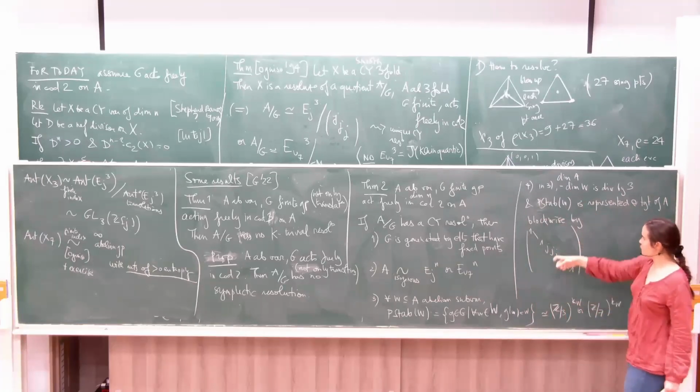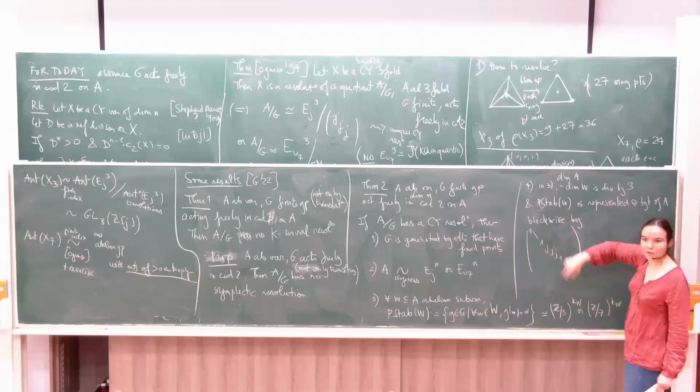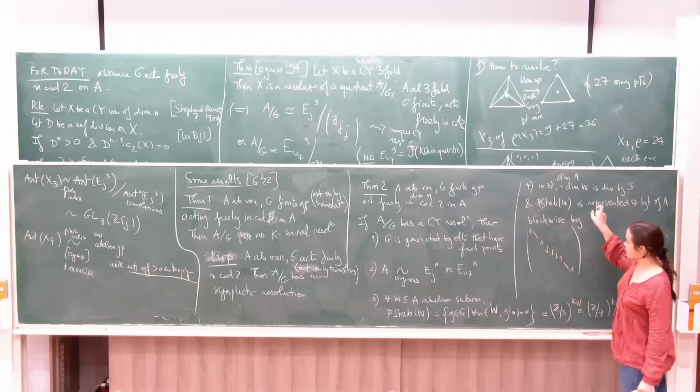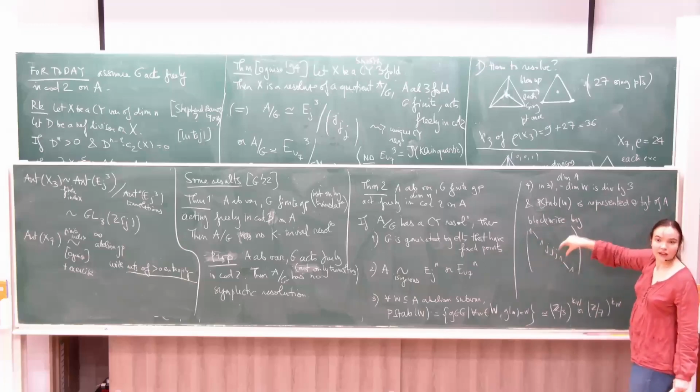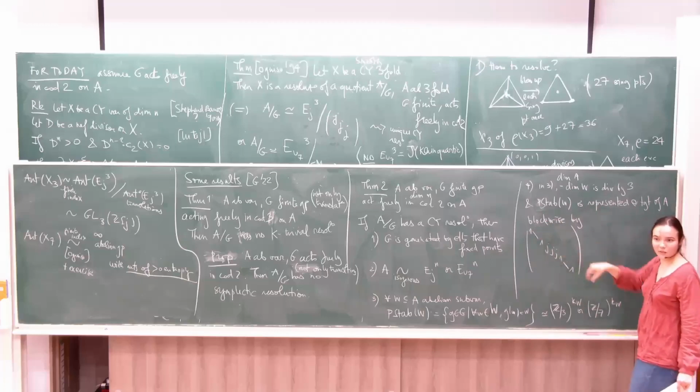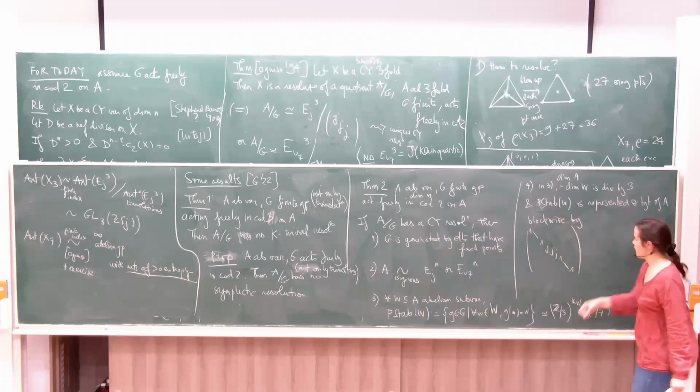The first generator of P-stab has no ones, just the J blocks, and then only ones. The second generator is 3 ones, the J blocks and ones, then 6, the J blocks and ones, until you have all the J blocks at the bottom. So that's the P-stab in this case.